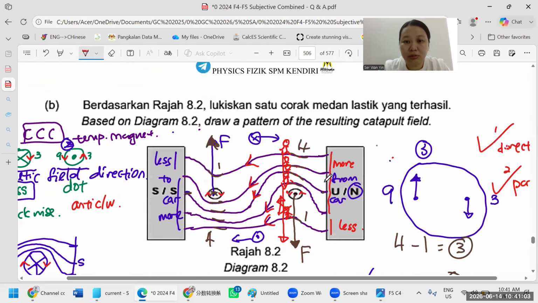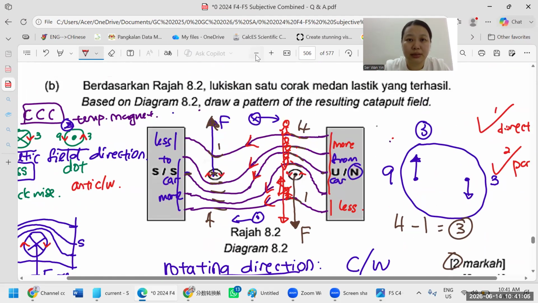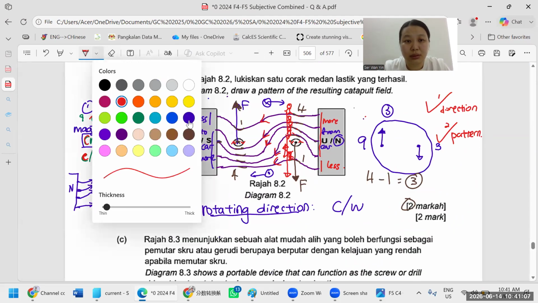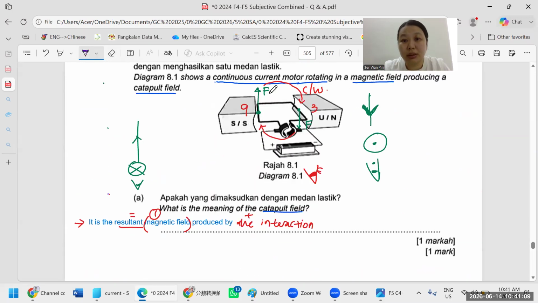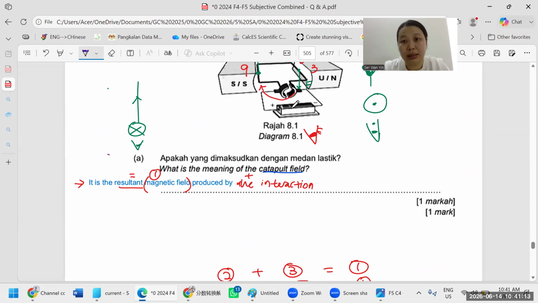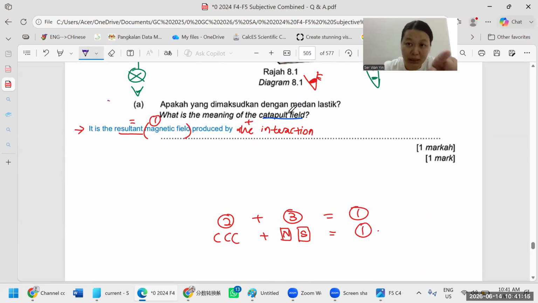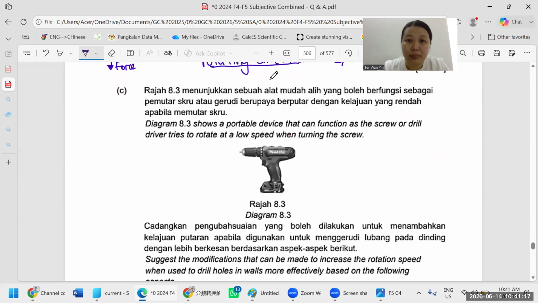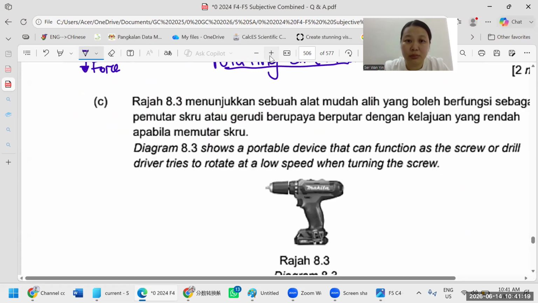Okay, so now next. So now you're all okay. So you all try some other drawing of the field. Here got many.